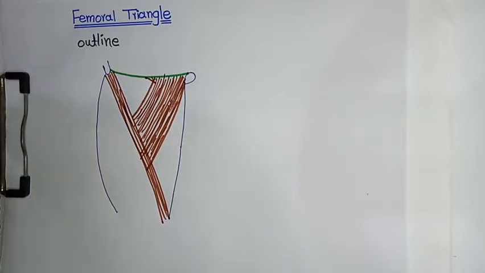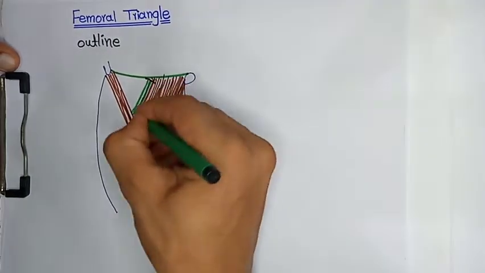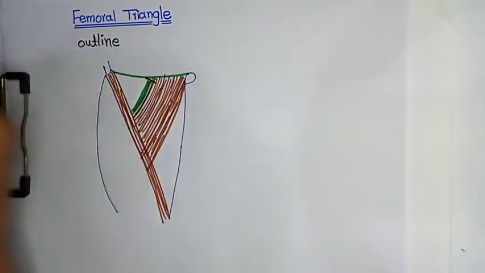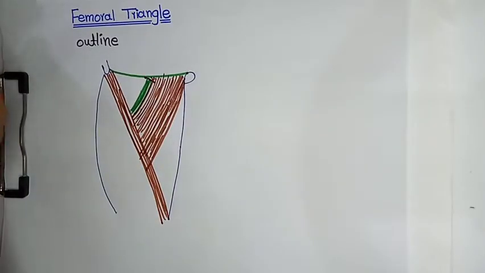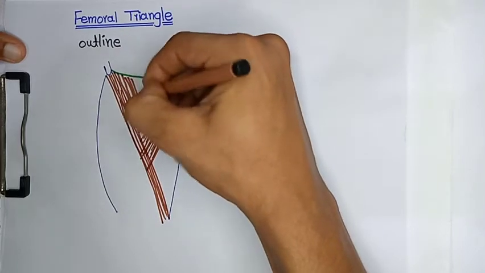These lines represent the direction of muscle fiber. Green color can also be used to represent tendon, and this is the tendon of psoas major muscle.